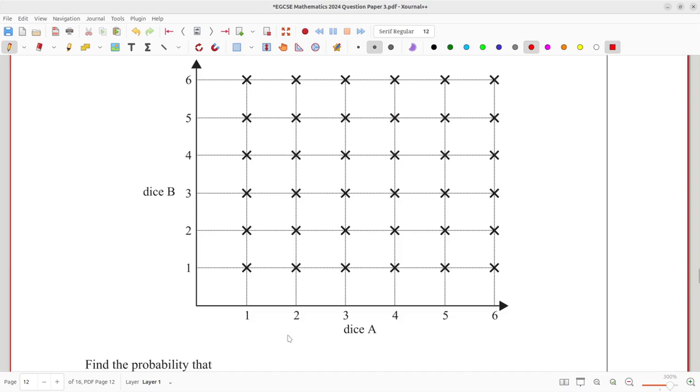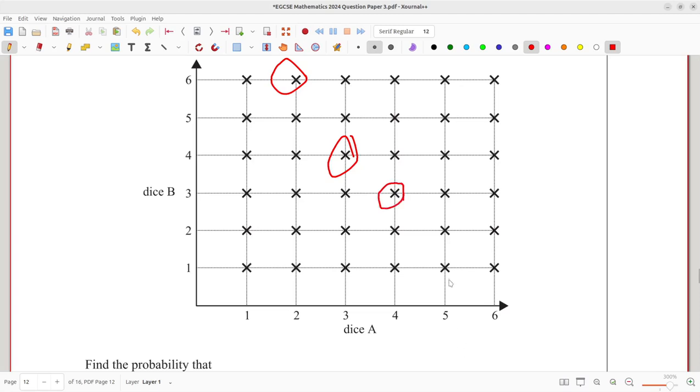And then what number can you multiply by 2 to get 12? That's 6. So that's the first one. 3 can be multiplied by 4 to get 12. Is there any other number? Let's come here. 4 can be multiplied by 3 to get 12.